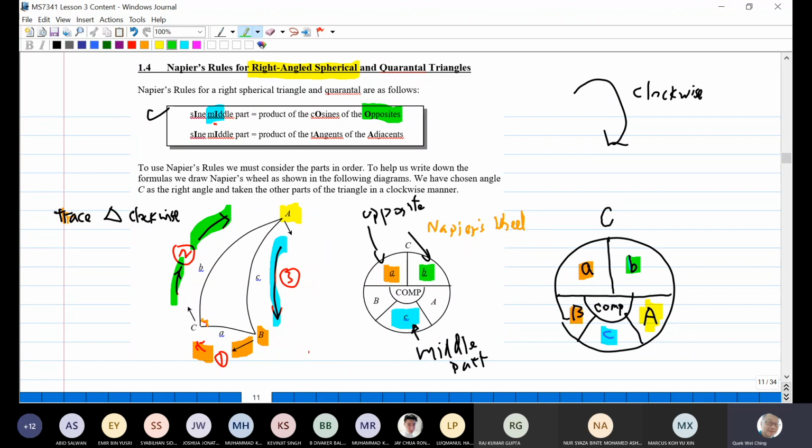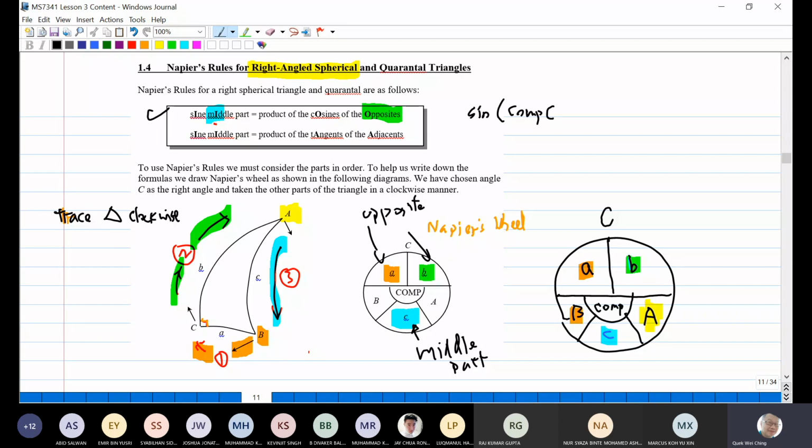Anything below the half circle, you must put in a co-m. That means that sine of co-m C. So for example, if I want to write this way, sine of co-m C.